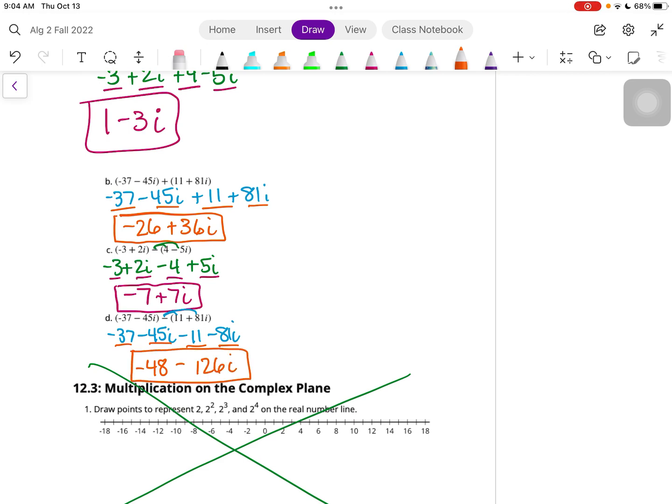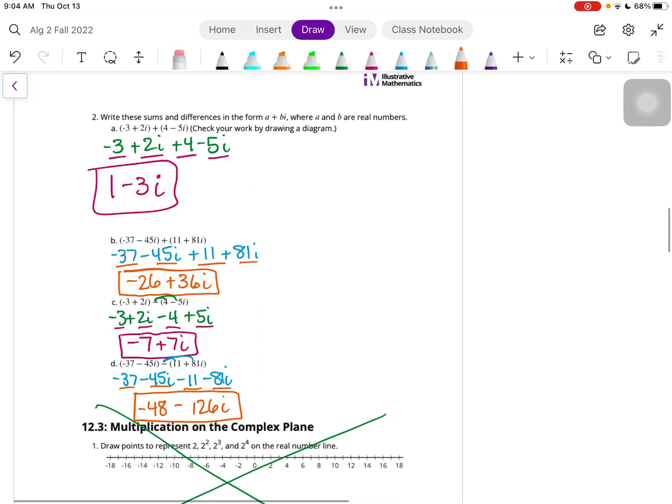Now, if you look at our terms there, in A and C, we had the same terms. It was just one was addition and the other one was subtraction. And then in B and D, again, we had the same terms, but we were subtracting. So we got different answers there.